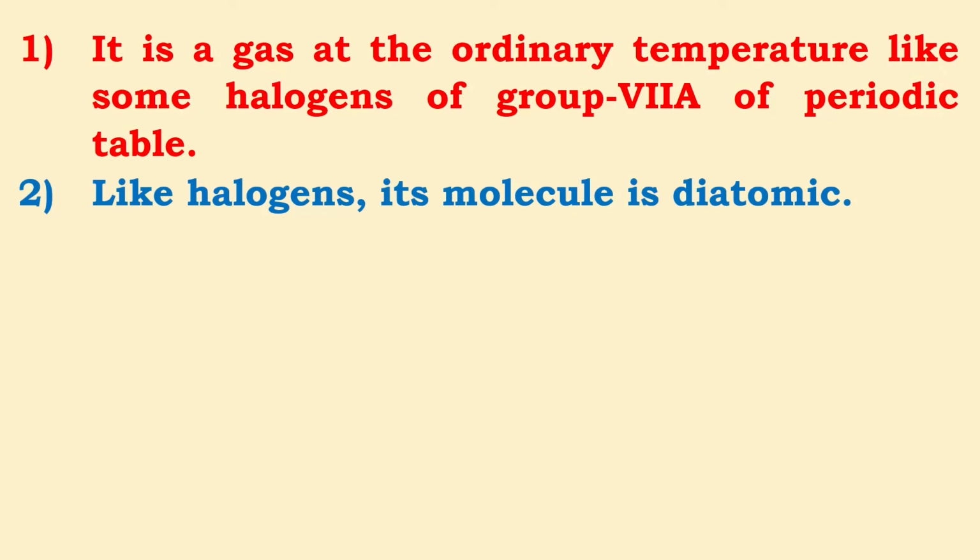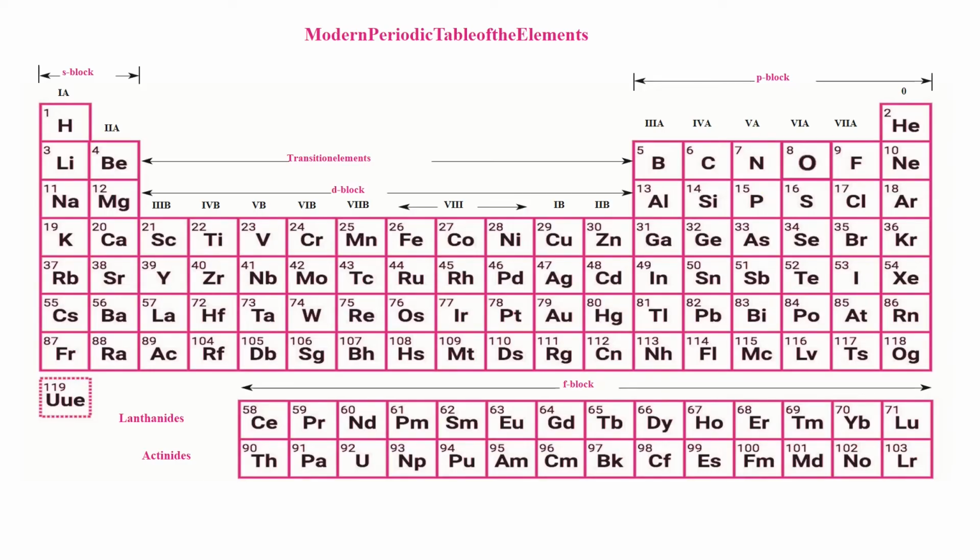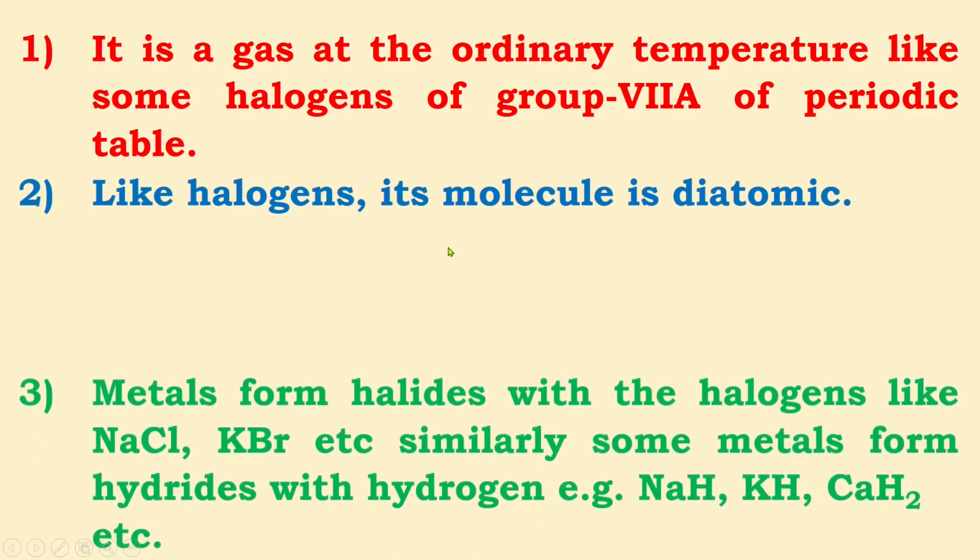There is another reason also about hydrogen. Lithium, sodium, potassium, etc. form halides with fluorine, chlorine, bromine, iodine, etc. In the same way, hydrogen also forms compounds with these metals of group 1A. And that's why we can argue like this also.